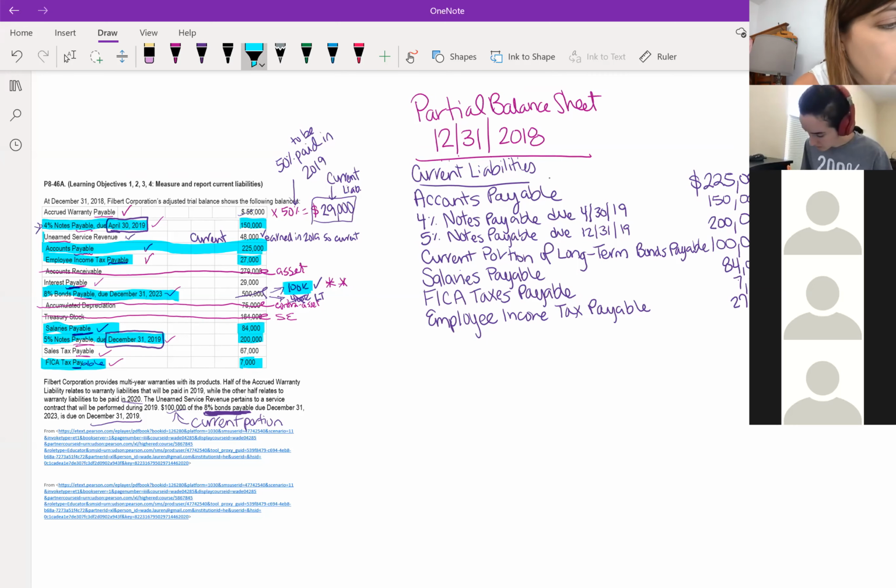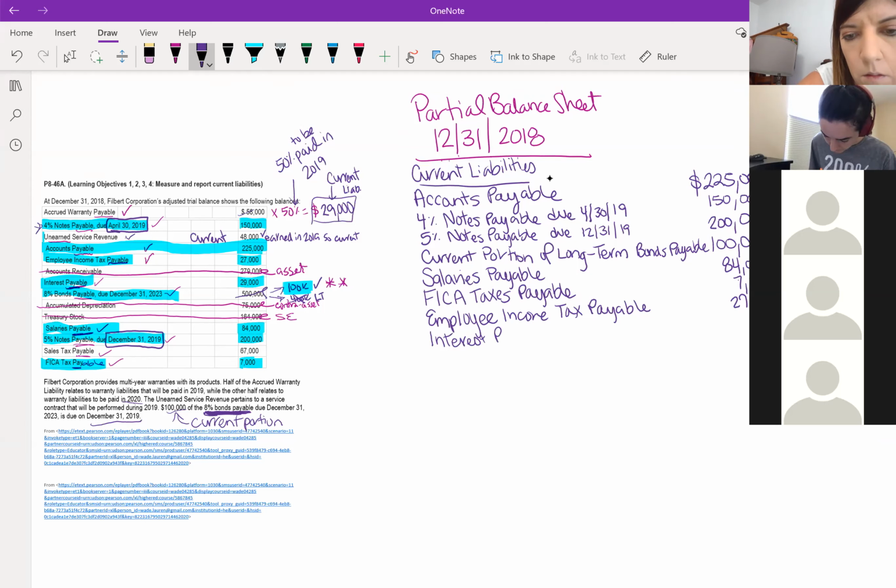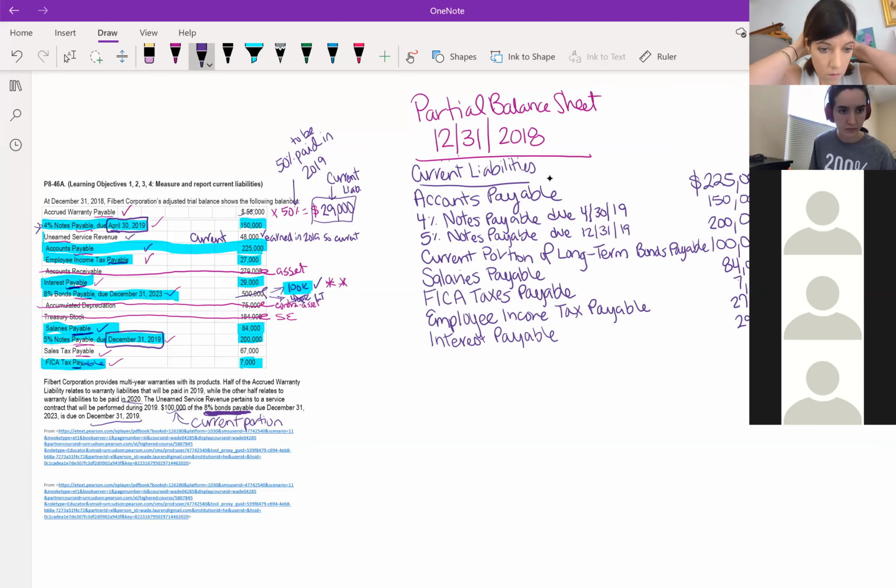The next one is going to be interest payable. 29,000. They don't tell us the dates that they're paying interest, so we don't really know when it's going to be paid.